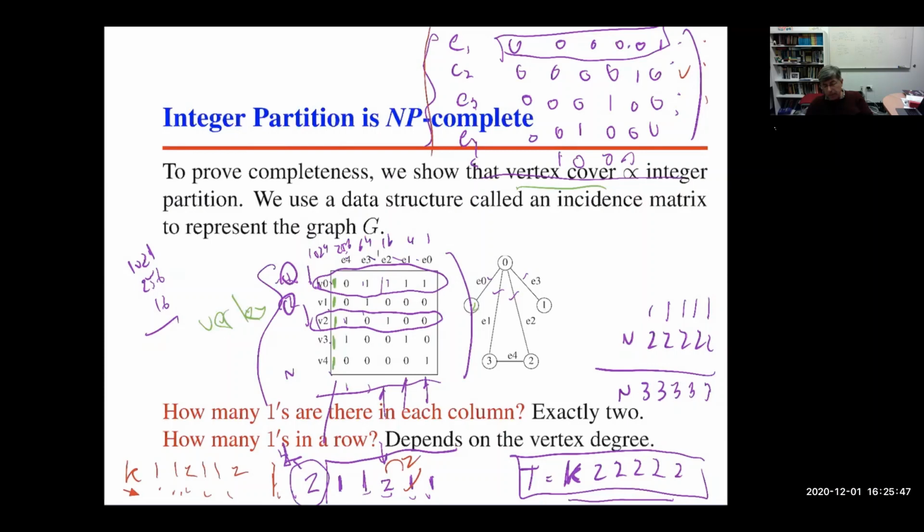By picking the appropriate edges, I have the freedom to turn any 1 into a 2. My claim is that you can find a subset of these numbers that will add up to that target if and only if the graph has a vertex cover of size k. Any questions?